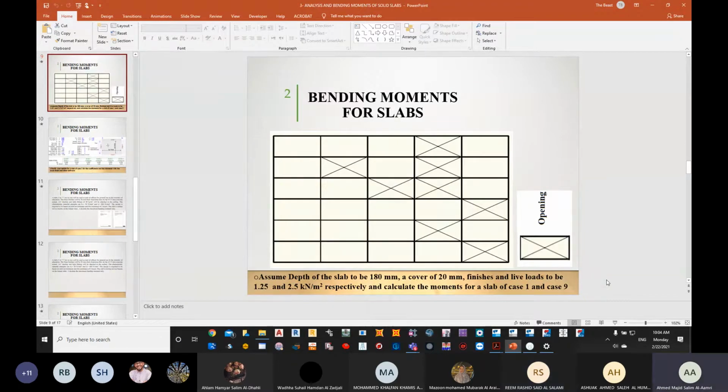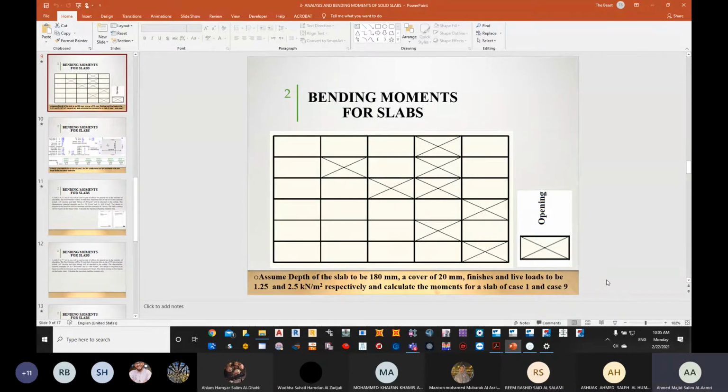Okay, so we have solved this problem, if you remember. We have calculated the bending moment for the solid slab, which was case number 1, taking into account the live load and the dead loads, and then we used the equation, as we said, moment is equal to beta multiplied by W multiplied by Lx squared.